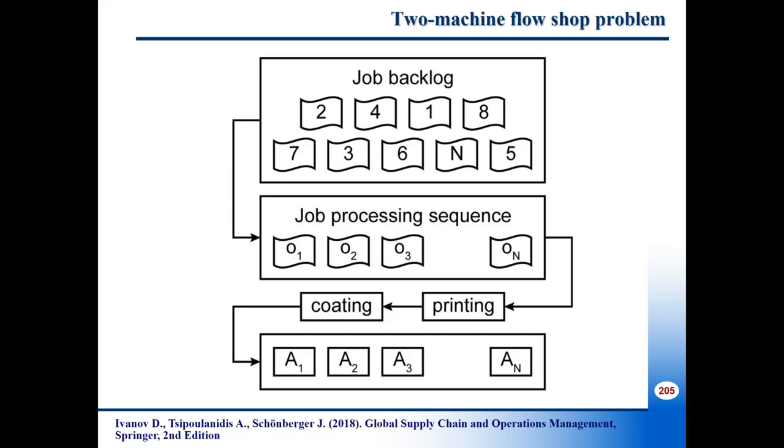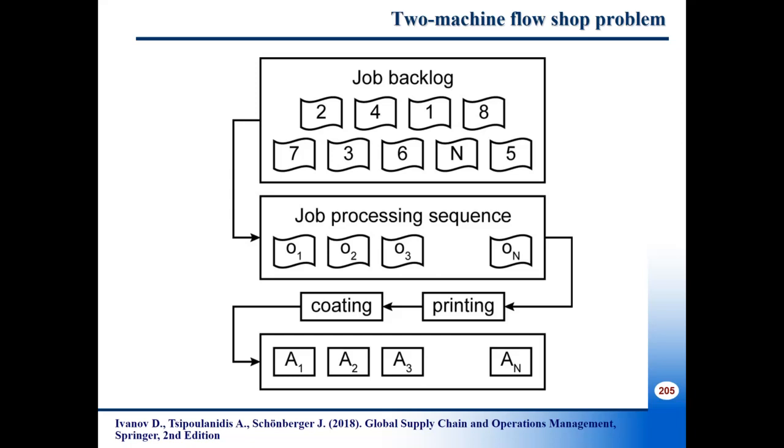O stands for order. The executed tasks create the assets A1, A2 to AN requested by the customers. The basic decision problem associated with the outlined machine scheduling scenario is to determine the job processing sequence that determines the schedule of the M machines.